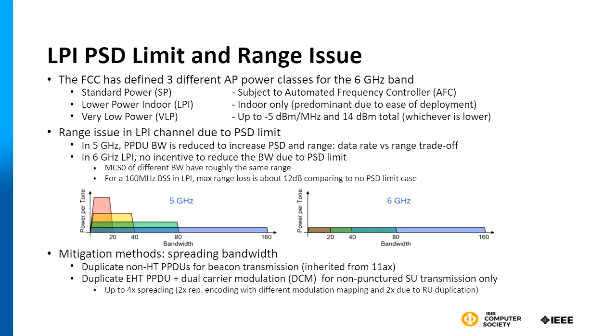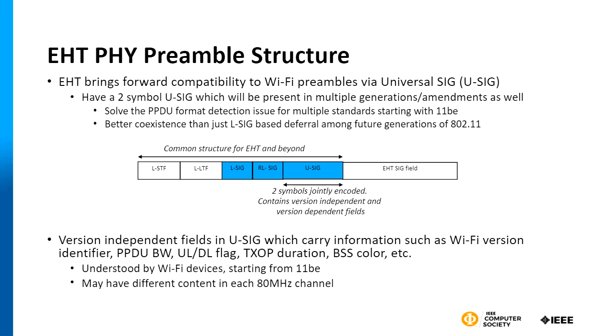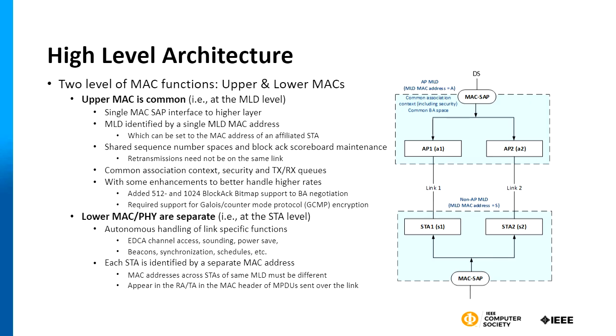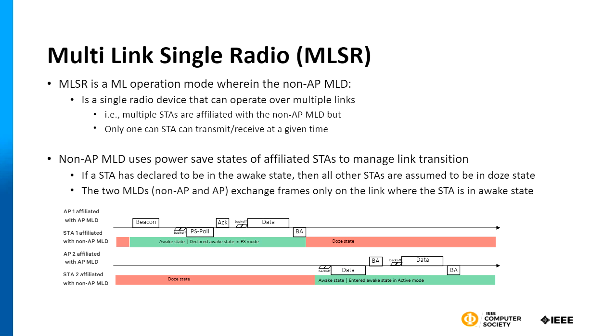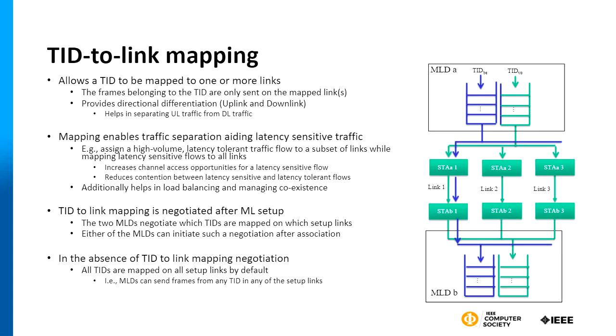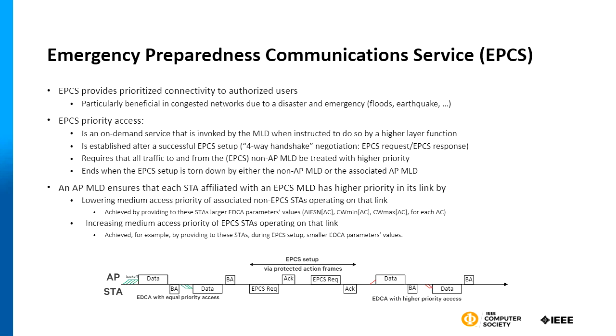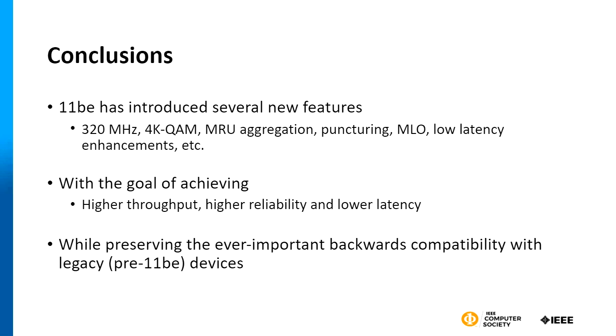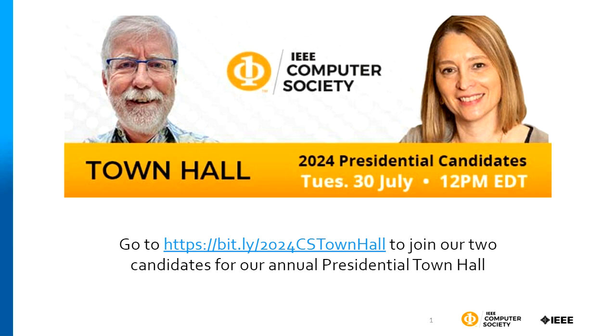Once again, I would like to express my sincere thanks to Alfred for joining us today and sharing what is going on in the world of 802.11, especially the latest development on Wi-Fi 7 under his leadership. Another thing I would like to point out, as a quick programming note: immediately after the end of this webinar, at about 9 a.m. Pacific time or 12 p.m. Eastern time, our Computer Society will have the 2024 presidential candidates town hall.